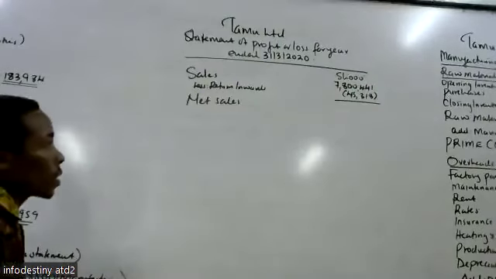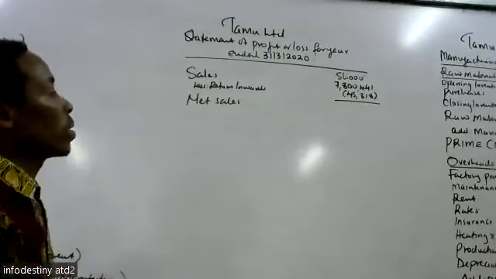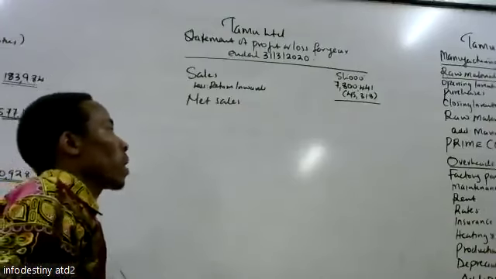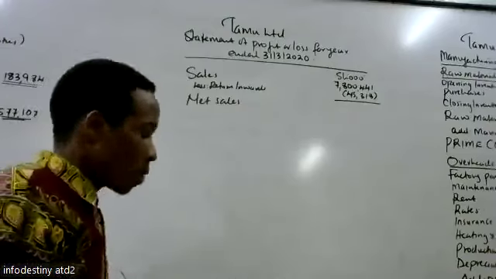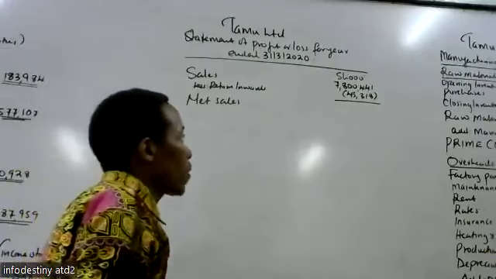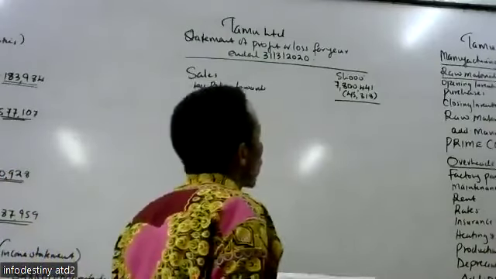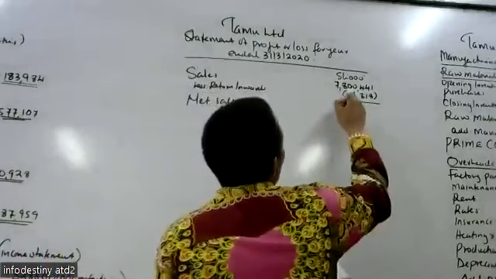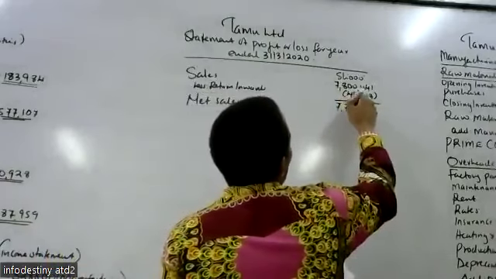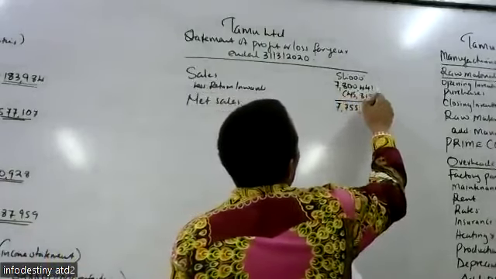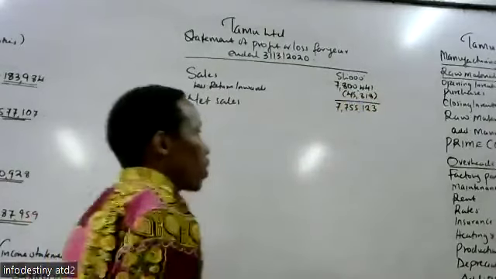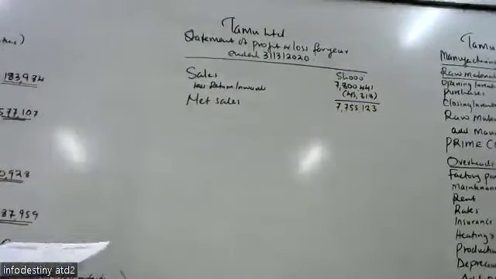So we have sales of 7,804,441 minus 45,318, which gives 7,755,123.